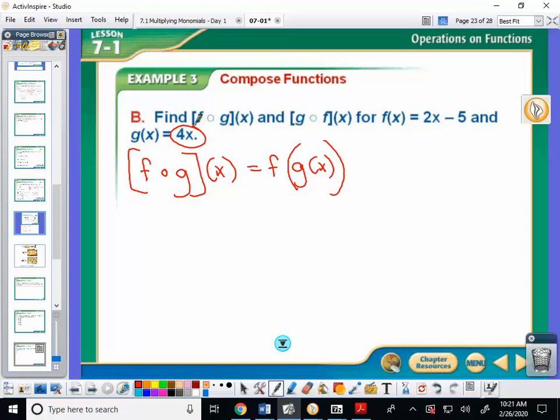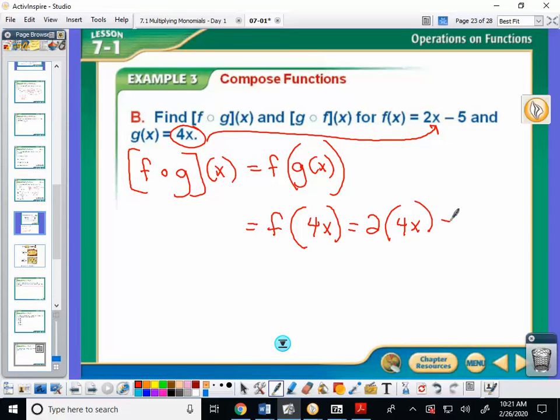We are going to put 4x into f, right there where the x is. So it's going to look like this: f of, putting 4x into that function. I'm taking out x, and in x's place I'm putting 4x. So 2 times 4x minus 5.